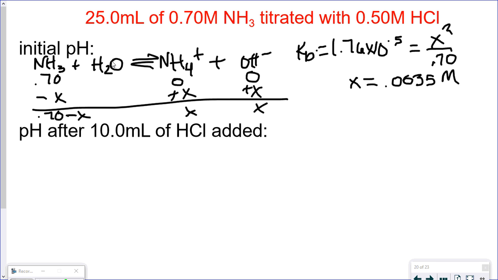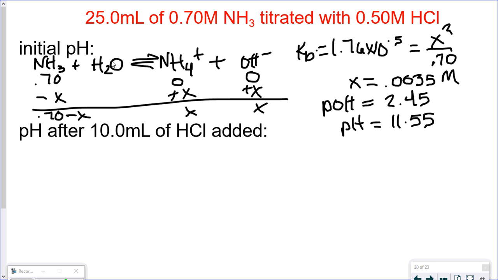So when we plug into pOH, it will be 2.45. Therefore, our pH will be equal to 11.55. So that's where our initial point is going to start on the titration curve. So still basic, but not the super high pH as if we were starting with a strong base.